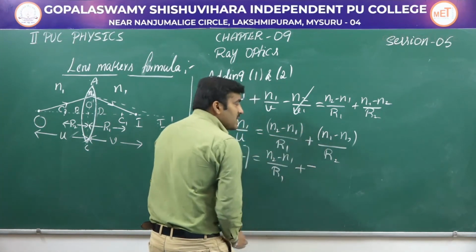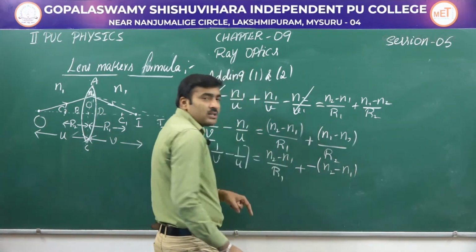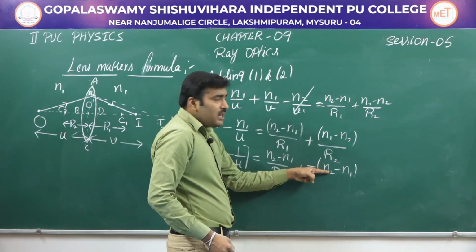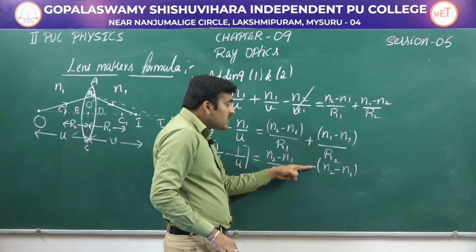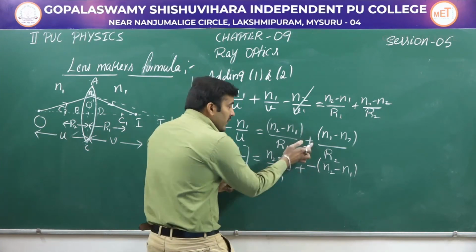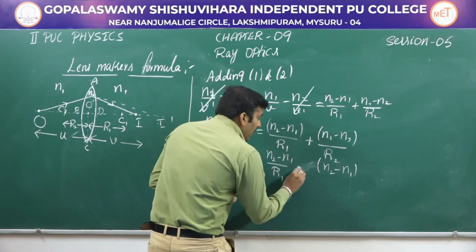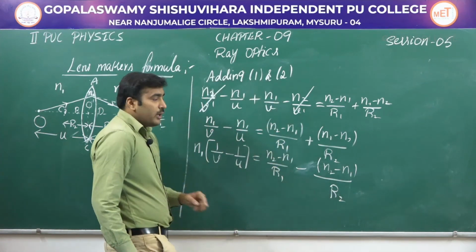If I take this minus outside, what remains is N2 minus N1, correct? If you multiply this again, you will get the same expression, so nothing will change. Now if I multiply this minus with this plus, plus into minus becomes minus. So in the middle we get minus, divided by R2.